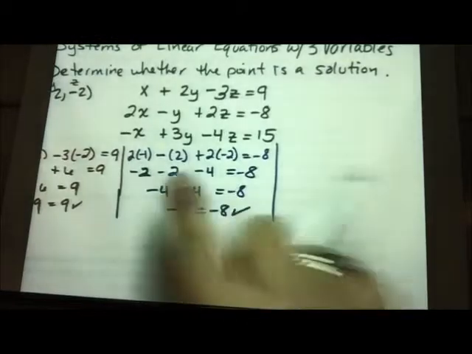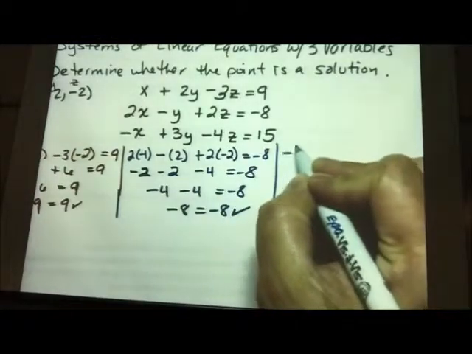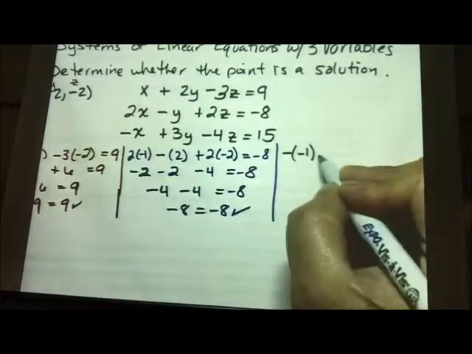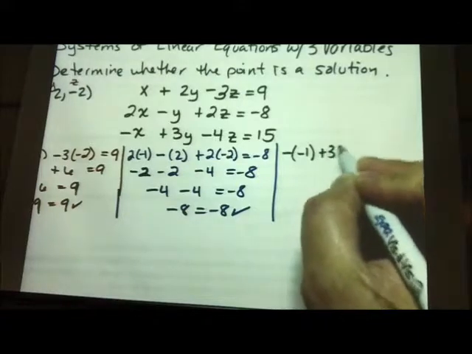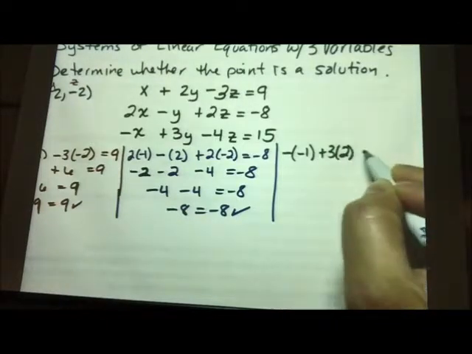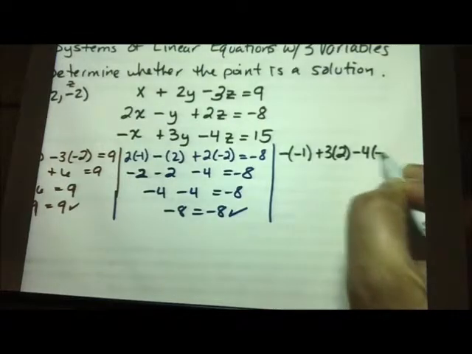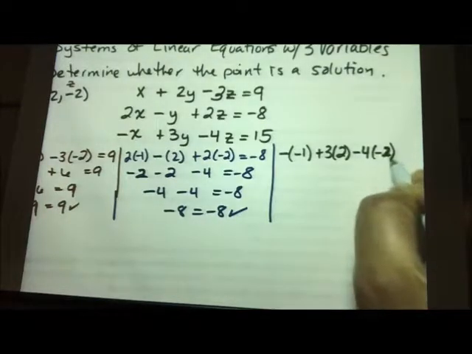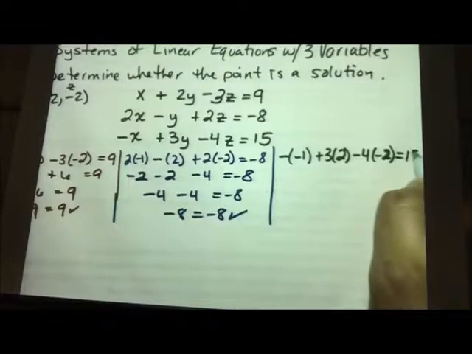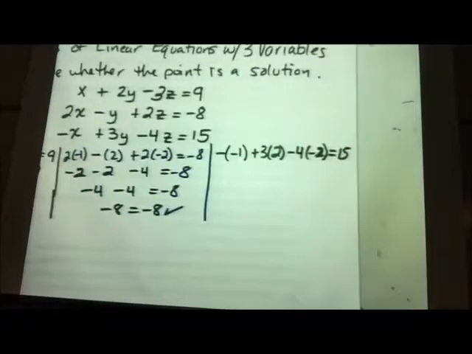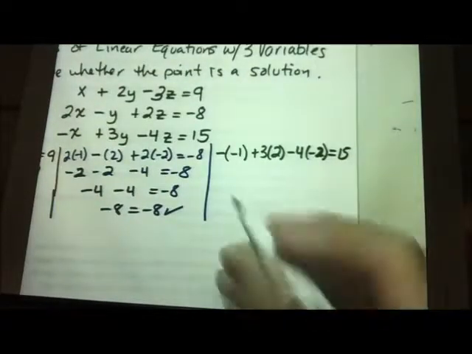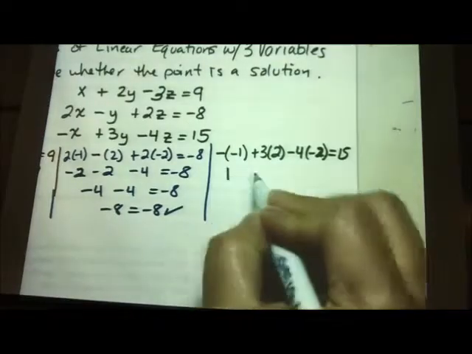So now plugging it into the third one, -1 plus 3 times 2 minus 4 times -2 equals 15. So negative becomes a +1.